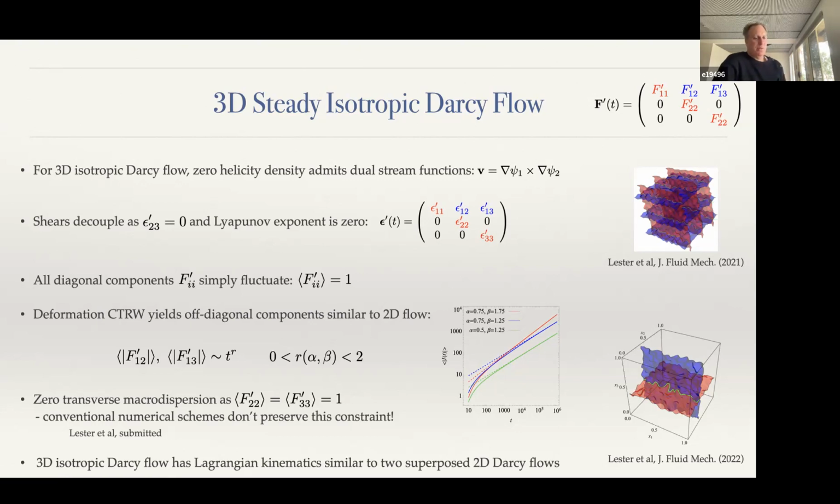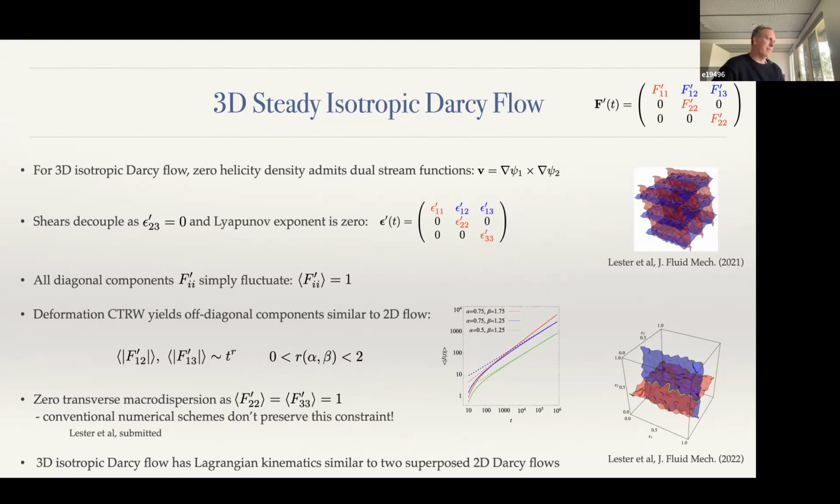Again, there's 0 transverse macro dispersion as F22 and F33, the ensemble average, is 1. And so these are not very good models of real flow in porous media, because we know from experiments that real porous materials in fact exhibit significant transverse macro dispersion. The other issue that needs to be highlighted is that conventional numerical schemes to predict macro dispersion also don't preserve this constraint.